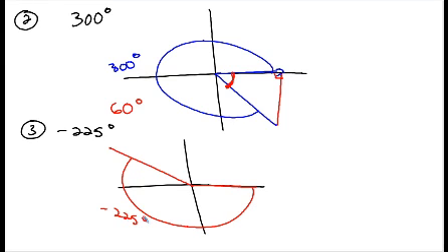But again, if I want the reference angle, I want the one that's going to get me back just to the x-axis. So that would be a 45 degree angle. We're 45 degrees past 180. All right? That's how we find a reference angle. We need that skill today as we learn how to find the trig function of any angle using what I call the bow tie. And that's what we're going to cover next.